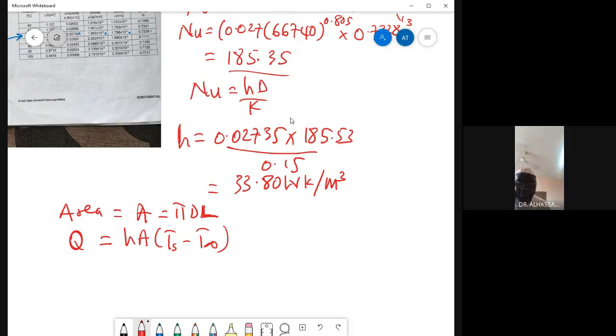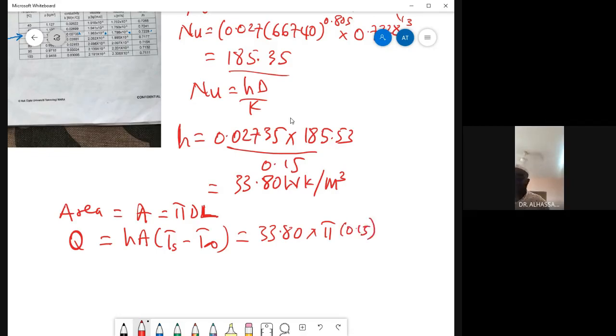The heat transfer coefficient is 33.80, times pi, times the diameter of the pipe, which is 0.15.